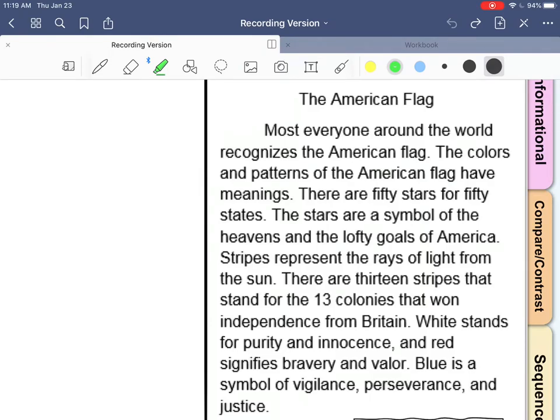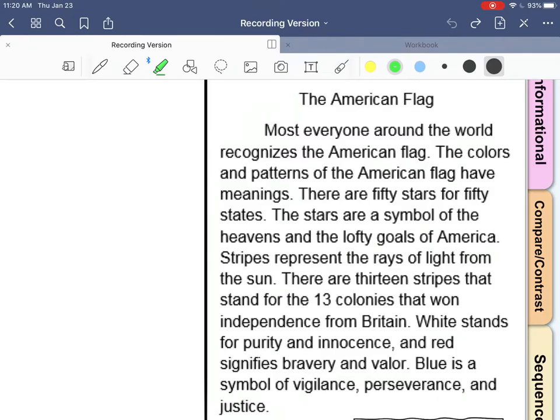Most everyone around the world recognizes the American flag. The colors and patterns of the American flag have meanings. There are 50 stars for 50 states. The stars are a symbol of the heavens and the lofty goals of America. Stripes represent the rays of light from the sun.